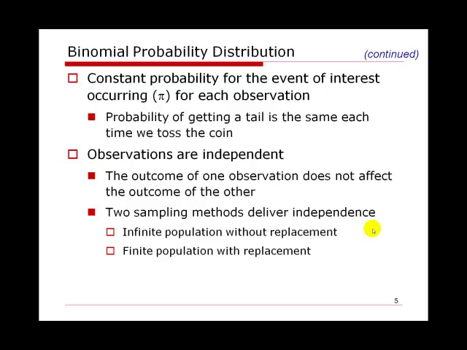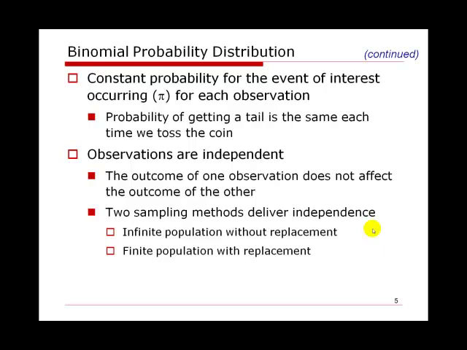The last one is observations are independent. If you remember, the definition of statistical independence is that the occurrence of one event does not affect the probability of the occurrence of another event. So here, observations being independent means the outcome of one observation does not affect the outcome of the other one.